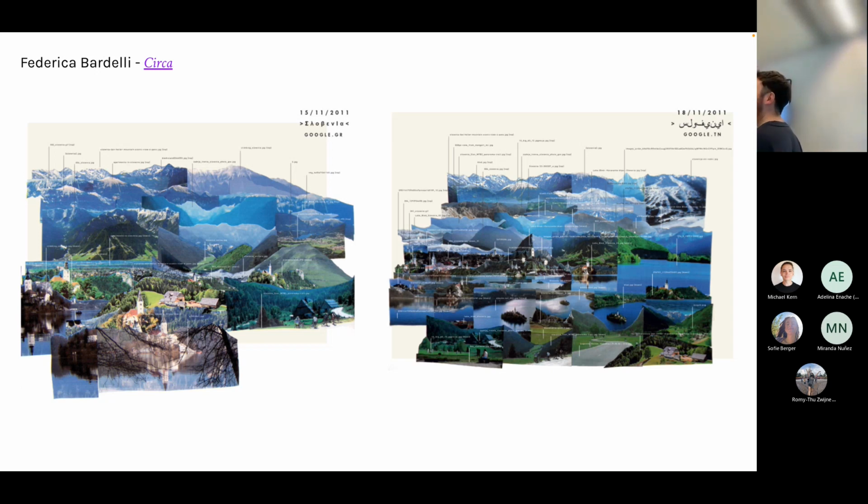Which kind of images do they return? She did this by hand. She printed all the images, cut out the landscape in this case, and then annotated them with a source. It's a way to see the same country from different perspectives.